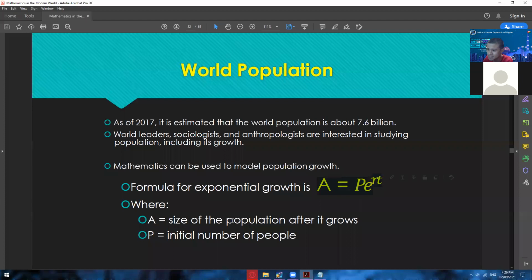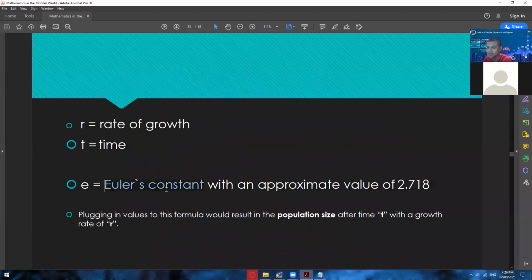Wherein A is the size of population after it grows, and P is the initial number of people, and e is Euler's constant with an approximate value of 2.718. Okay, so this is a constant value. And then r is the rate of growth. So how many percent? So it's growing by 1%, 2%, 3%.